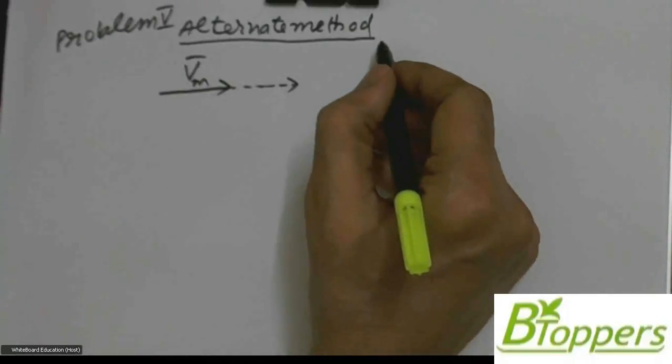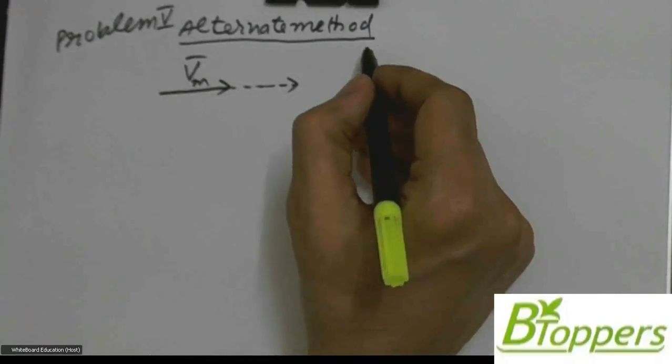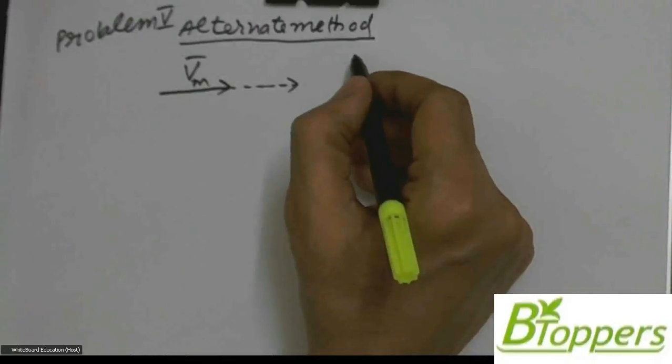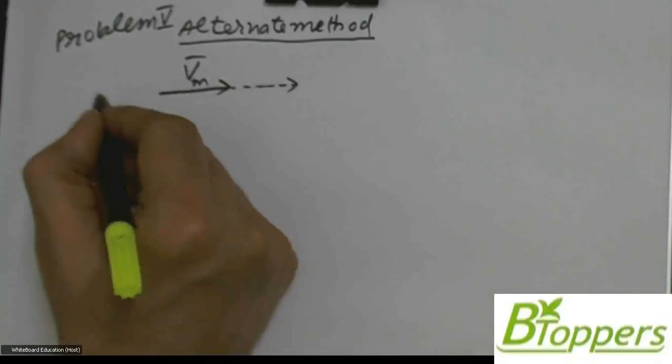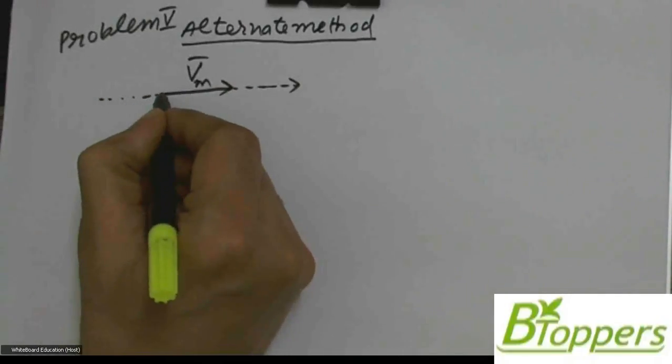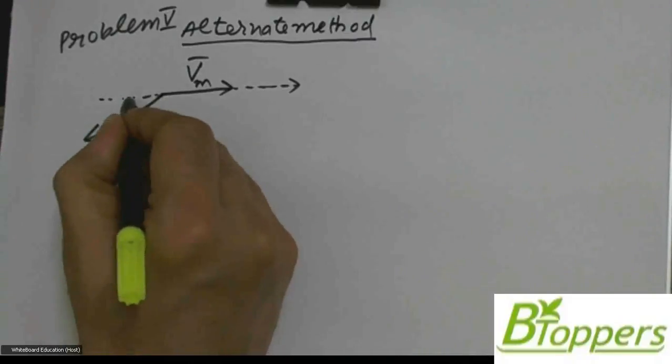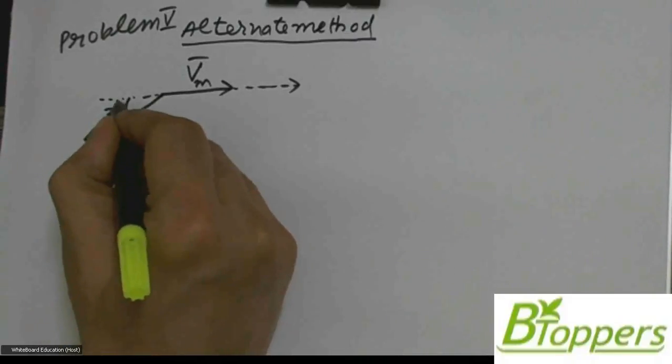And it is given that the relative velocity of the rain with respect to the man is 2√3 km/h at an angle of 30 degrees with the horizontal from the front.